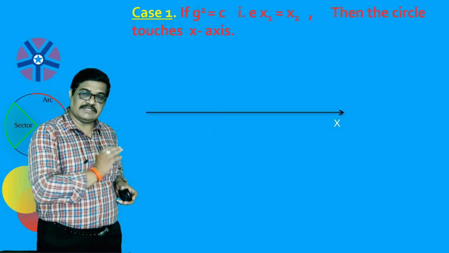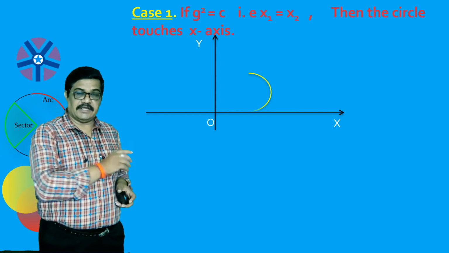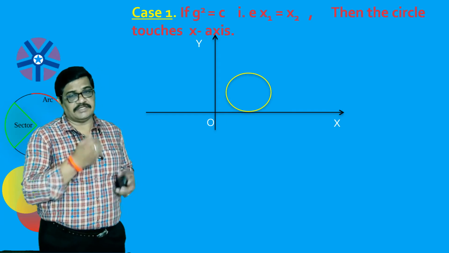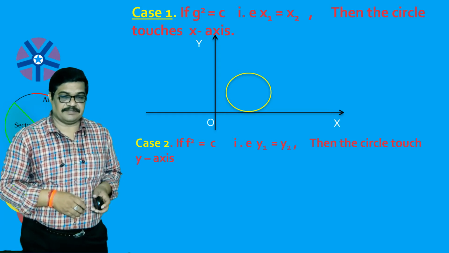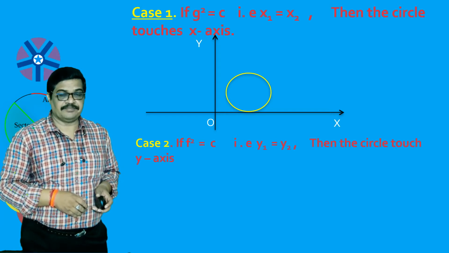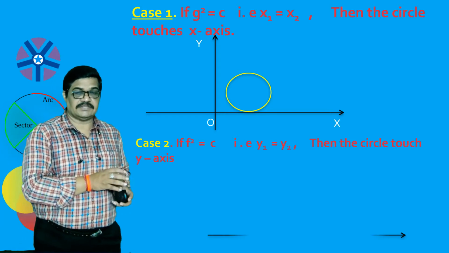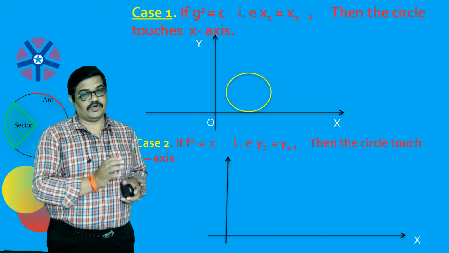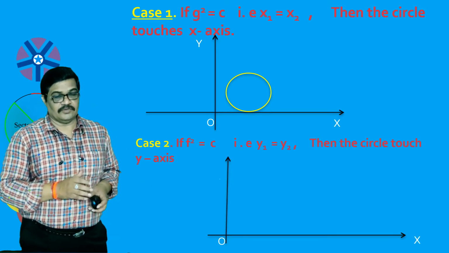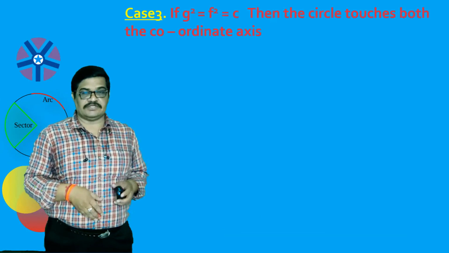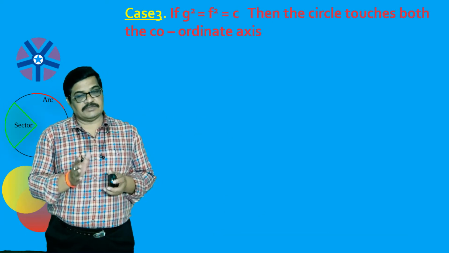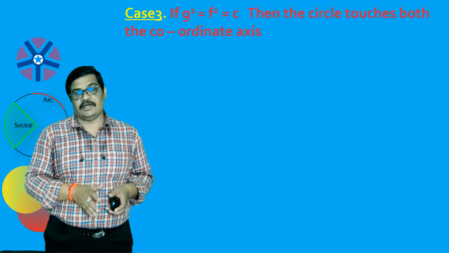The second case, if f square is equal to c, that is y1 is equal to y2, then the circle touches the y-axis. Next, the third case is if g square is equal to f square is equal to c, then the circle touches both the coordinate axes.